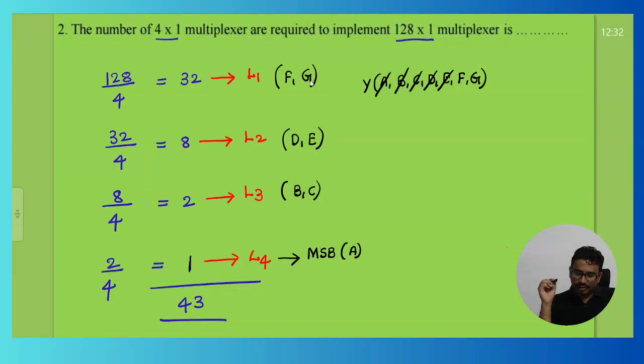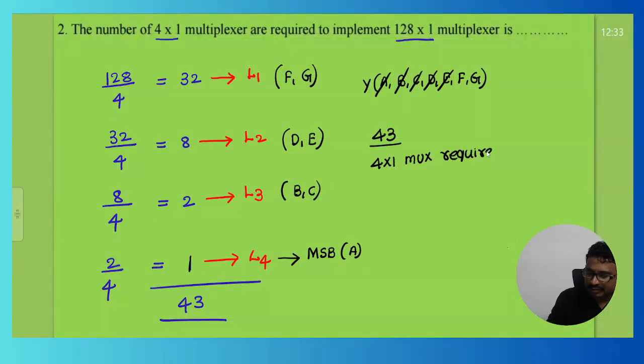So if this is the answer option, what we can say now is we require 43 4x1 mux. This is one possibility.